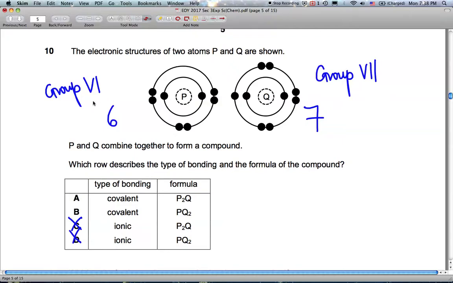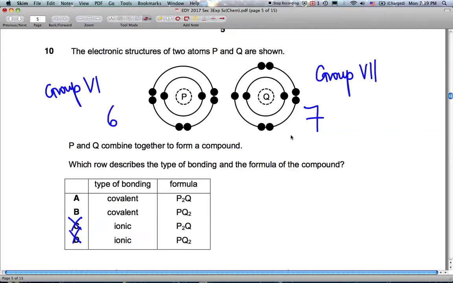Let's take a look. In order to know what kind of formula, we need to see how many electrons each atom needs to obtain a full octet structure, a full noble gas configuration. For atom P here, it is 2 electrons away. So it needs 2 electrons to obtain a full valence shell, and therefore it will use 2 electrons for sharing.